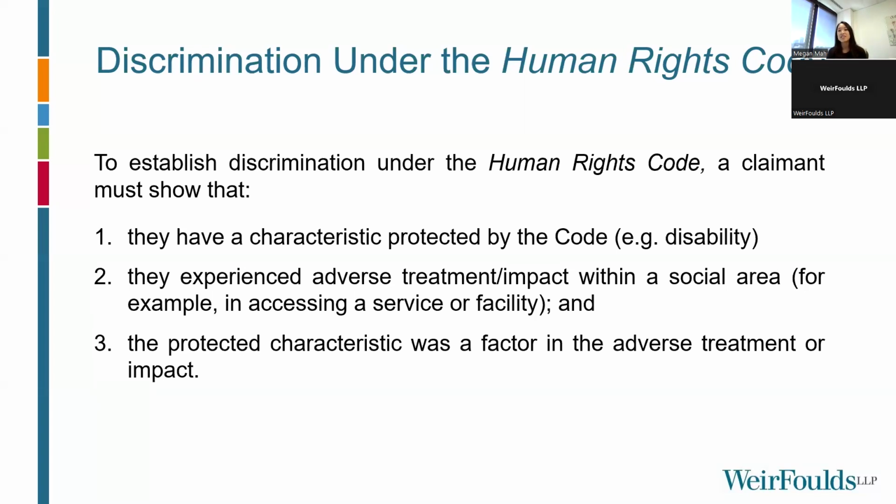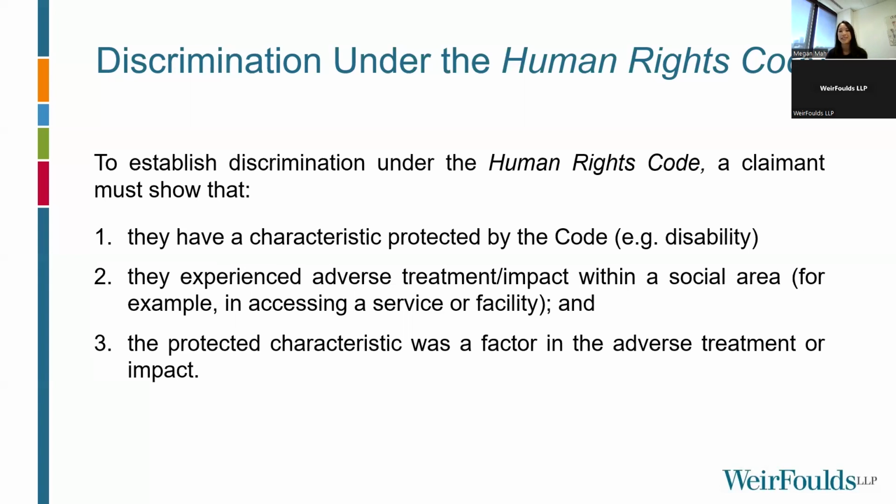Now, I did want to flag that this is always assessed on a case-by-case basis, so there's no hard and fast rule, and the tribunal would usually look at the evidence in the specific circumstances and the specific set of facts in that case.